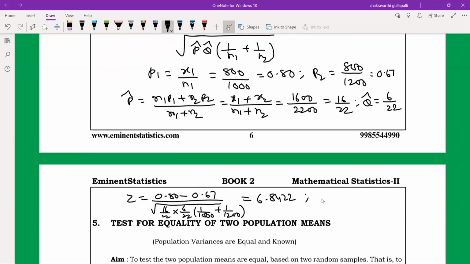6.8422. Z calculation 6.8422 compared with the Z table value. Z table value at 5% LOS, one tail test, is 1.645. Z calculation value is greater than Z table value.